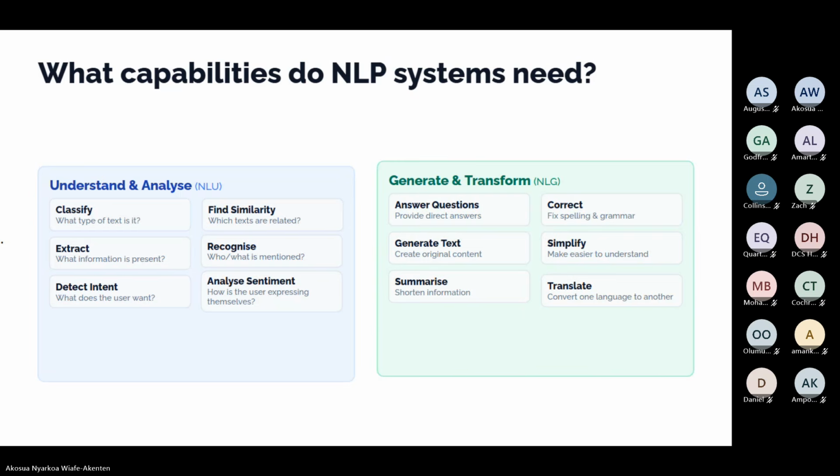Okay, then we could also have the last category, which is correction. Okay, you can develop an NLP system that can identify and correct spelling or grammatical errors within a text. Okay, and then in terms of simplification, which is another capability, what happens is that your system takes in information that might be difficult for the user to understand, and then it breaks it down in simple terms.